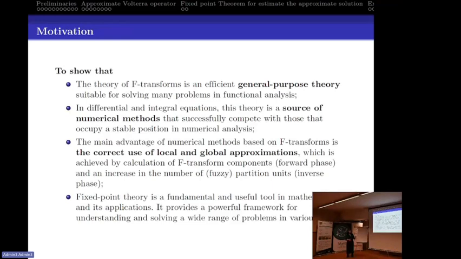And now we intend to approximate the nonlinear Volterra equation, so we use the fixed point theorem to handle the nonlinear one.